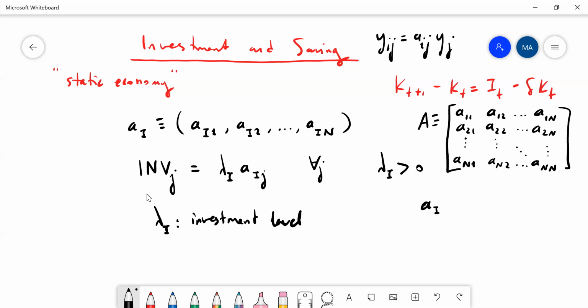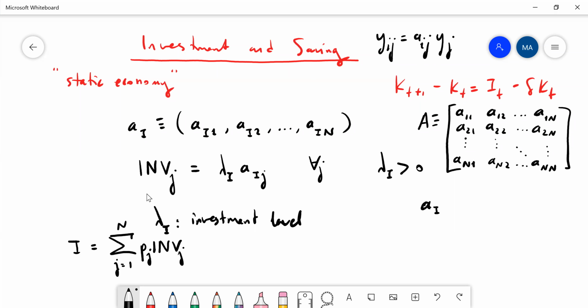So then we want to calculate the total investment spending, right? We want to calculate total investment spending. So we have N goods. Let me use J. So PJ, INVJ, right?